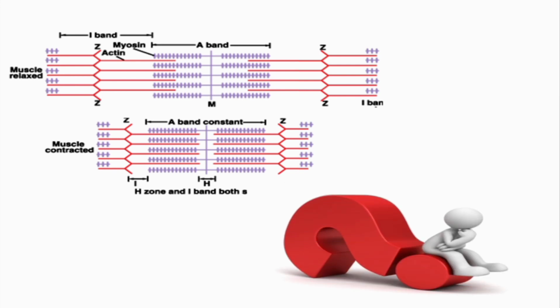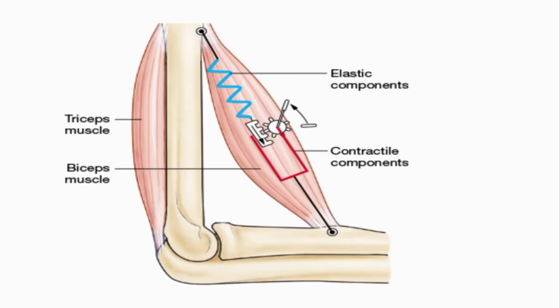The answer to this question is that a muscle has both a contractile component and an elastic component. The contractile component is the sarcomere, which is shown here in the form of this gear and ratchet, and the elastic component is shown in the form of a spring.